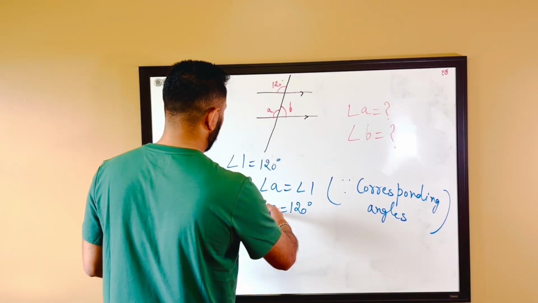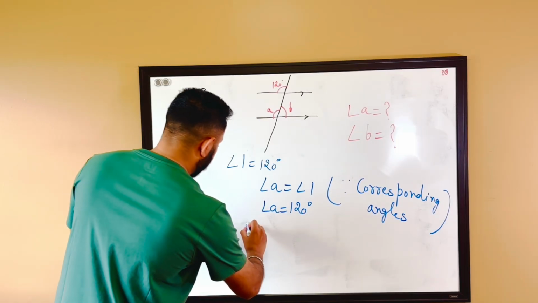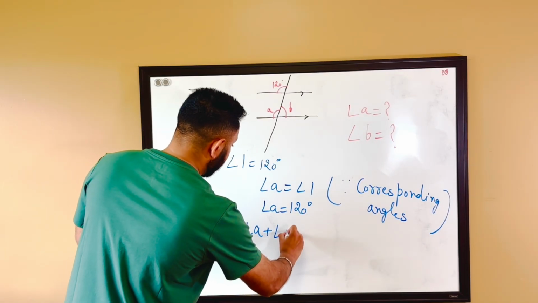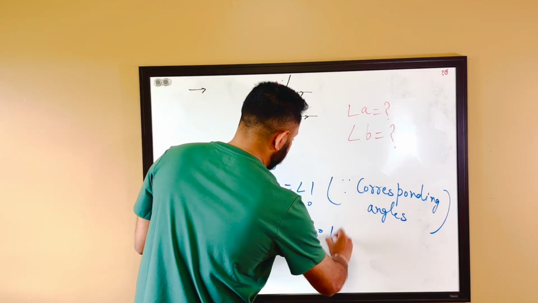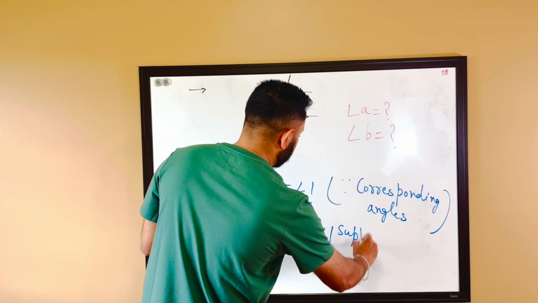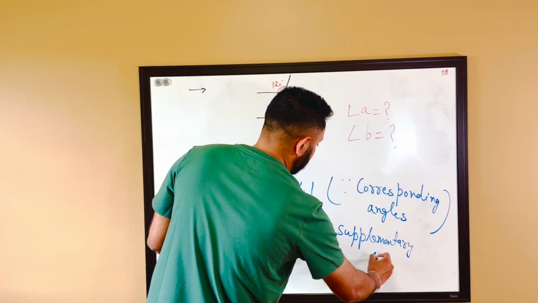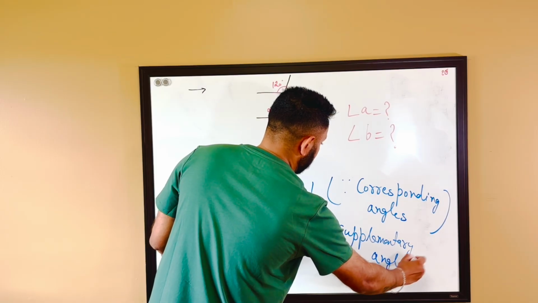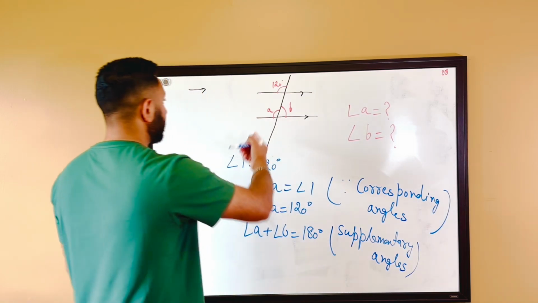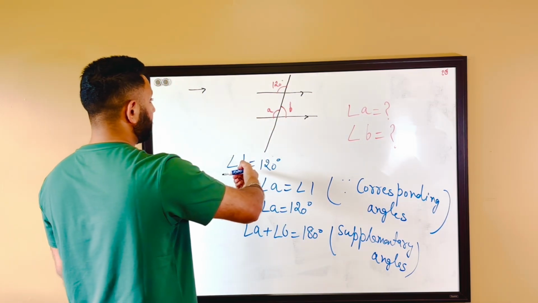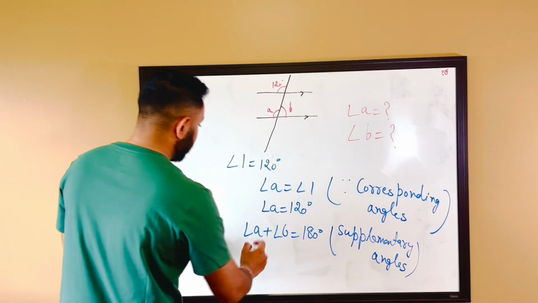So we got one angle, angle A, and we need to find angle B. Also, angle A plus angle B is 180 degrees because they are supplementary angles. As this is a parallel line and this is a transversal line, the angle formed by a straight line is 180 degrees.